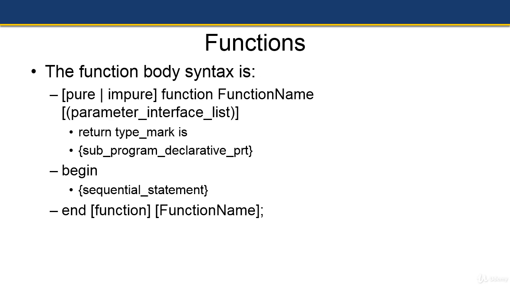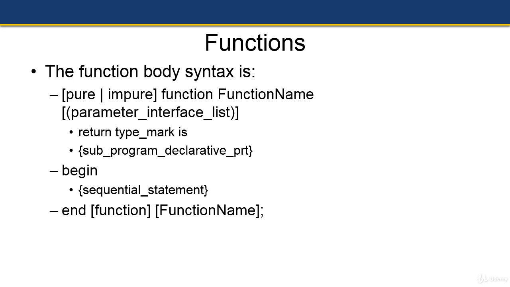And here's where we define the data type and the name of what's returned. Followed by the subprogram declarative part, begin keyword, and the sequential statements that are within the function. At some point in the function, it must execute a return statement.